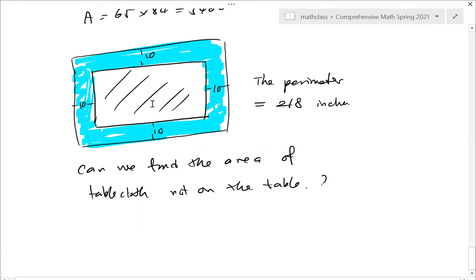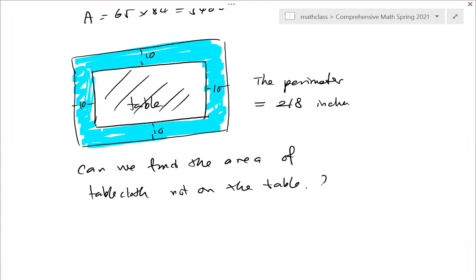Here's a table, but I don't know its dimensions. I did not give you the dimensions of the table. Of course, you can use specific table dimensions with the calculator.